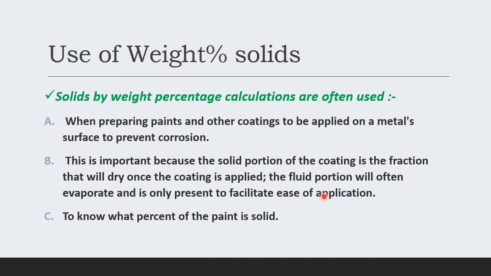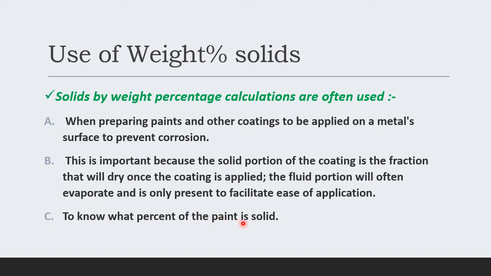More solid means less solvent or thinner, so you will feel problems applying the paint by brush, by spray, or by any equipment or process. But if there is a perfect ratio in the weight percent solids, then you can easily apply the paint steadily by spray, by brush, as well as with a roller.